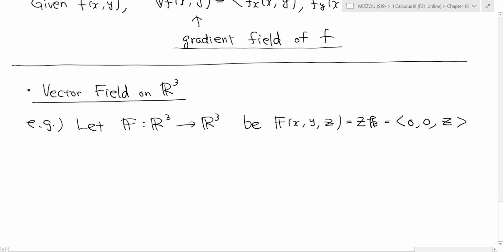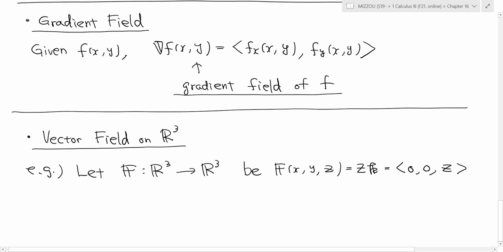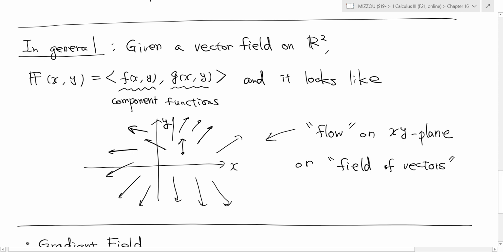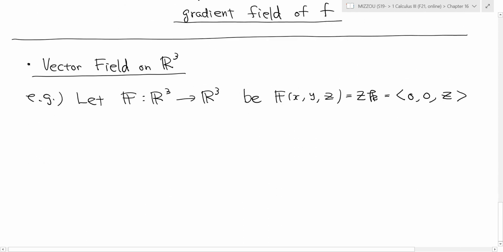Now, can you visualize this? Well, technically, in principle, we could do that. The way to think about it is the same as the case of R2. But here, since the input is R3, we have xyz space for our input.